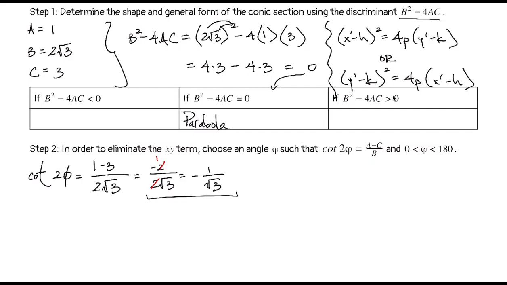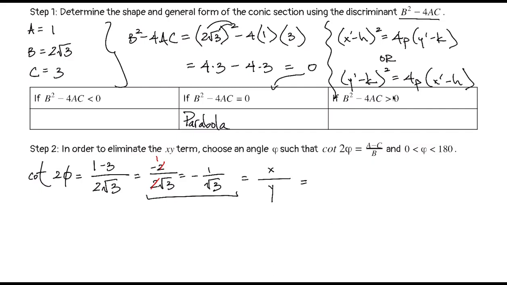Now, cotangent is important to think about because it's not on our unit circle, like it's not the x coordinate, it's not the y coordinate, but rather it is the x over y on our unit circle, okay? So I want to think about what coordinate for the x and the y I can use so that when I reduce it, it gets to negative 1 over root 3.